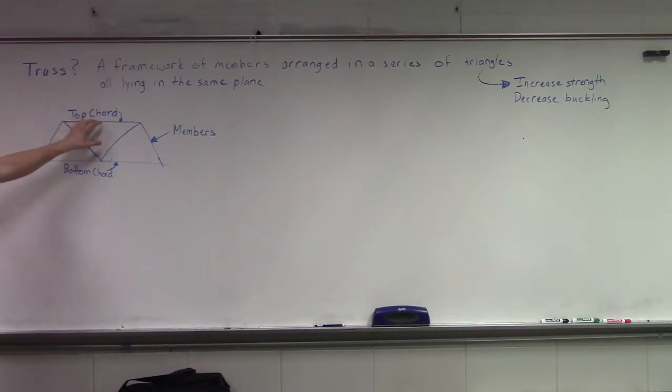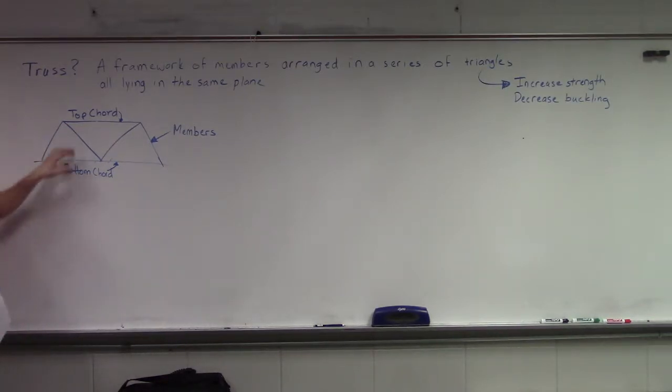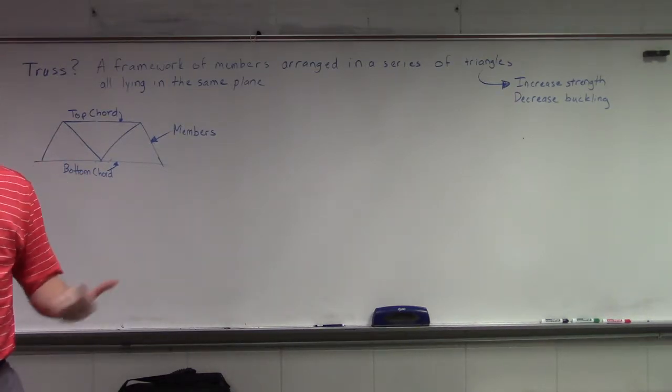What about the top chord? What are we going to be doing with that? We're going to be compressing those members, okay? So, what we're interested in as we're looking at a truss is determining what's going on in the members and what's going on at the joints. We want to make sure that we're setting this thing up in such a manner that we're going to have static equilibrium, right?